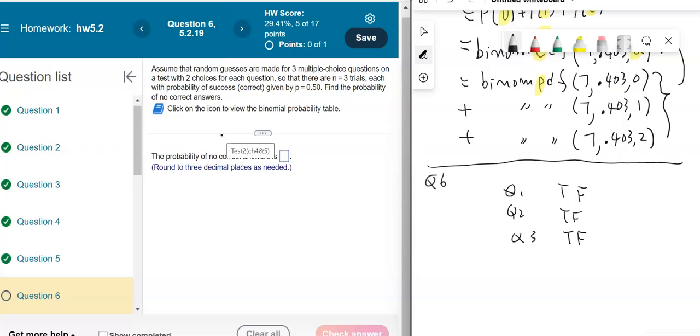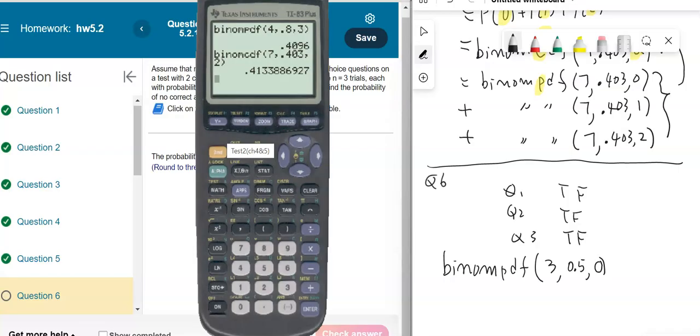So binom PDF, n equals 3, p equals 0.5, but you get 0 correct answers. So go to binom PDF. I'll clear that now.